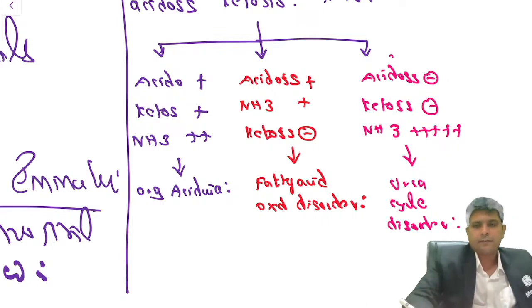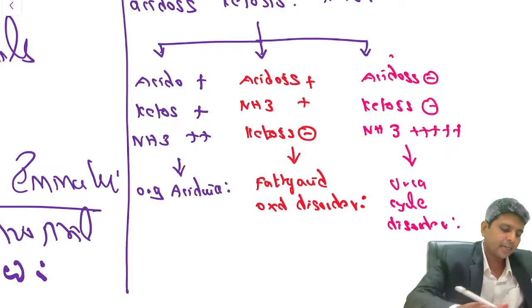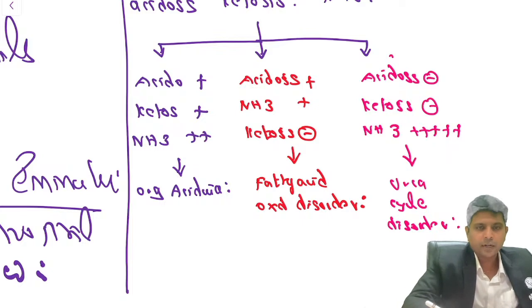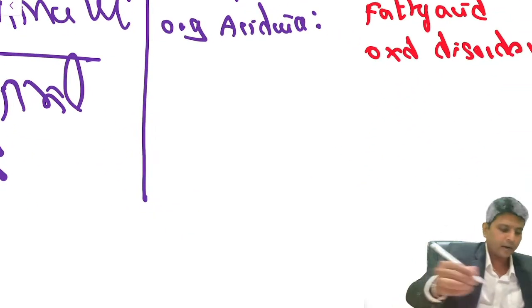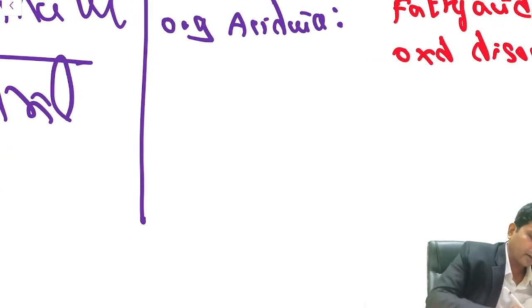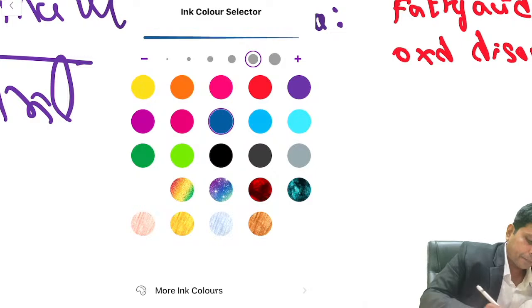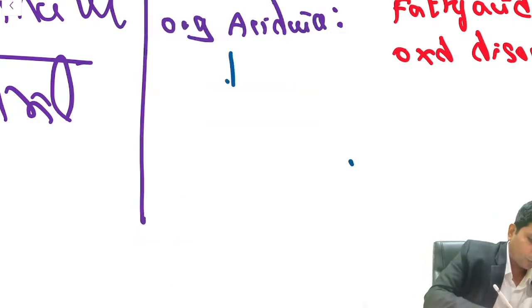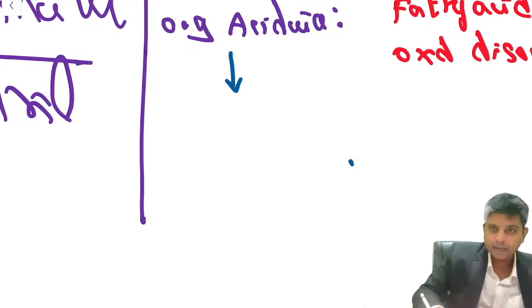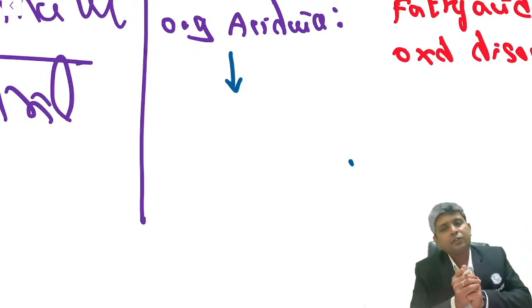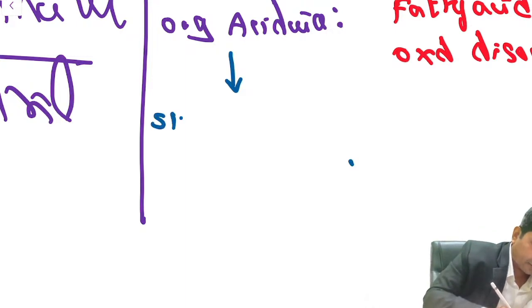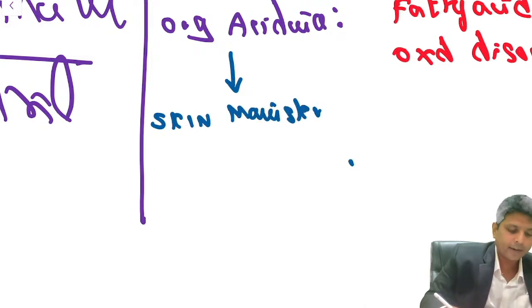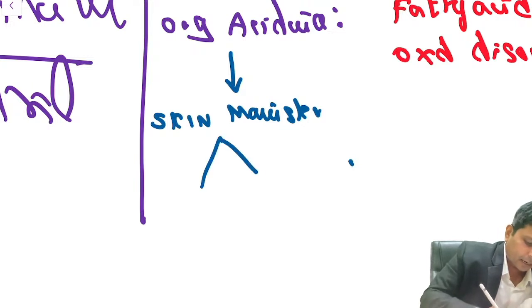Now, if I have a case of organic aciduria, characterized by acidosis, ketosis and hyperammonemia, what is the approach? First, I will look for skin manifestations, whether present or absent.